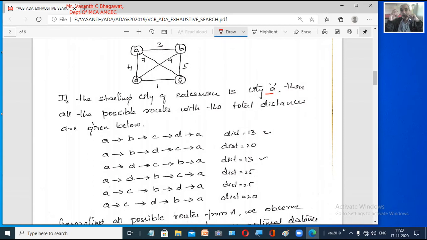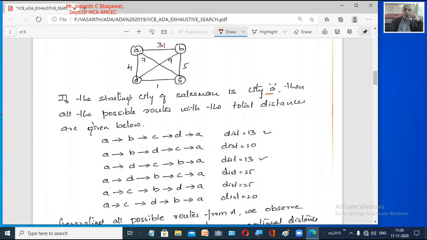What the salesman wants, when he is traversing all these 4 cities, from each city, for example from city A to city B, a distance is given. The edges are given some weights. From city A to city B, it is 3 kilometers. Let us assume all these weights are in kilometers.